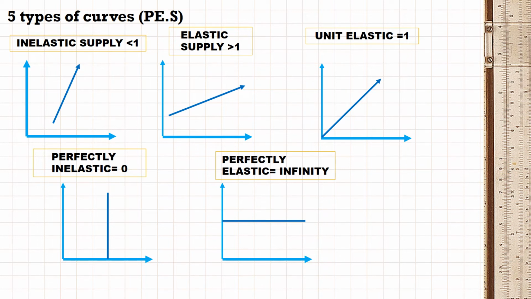Even the coefficient values are similar. If you compare the coefficient values of demand and supply, you will notice that the values are the same. There is just a switch from consumers to suppliers. That's all. For PED, you were thinking as a buyer. For PES, you're thinking as a supplier.